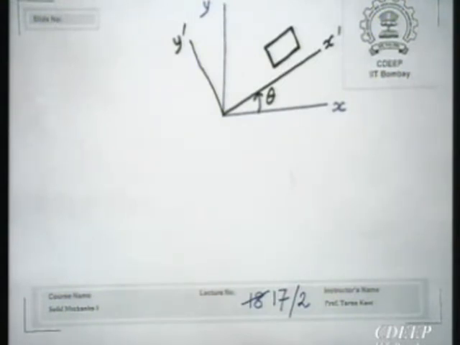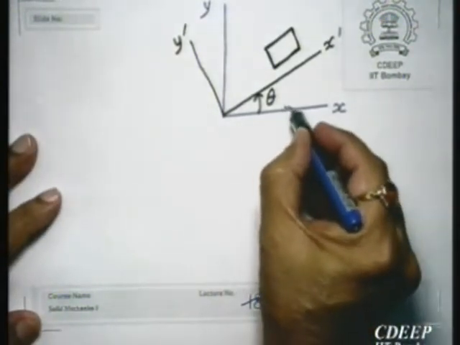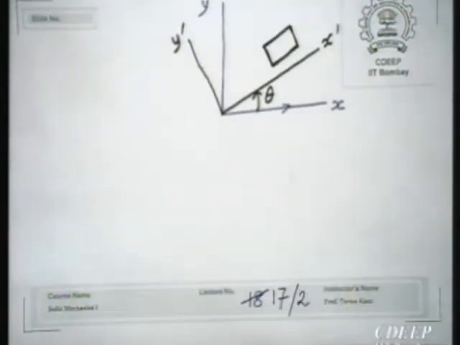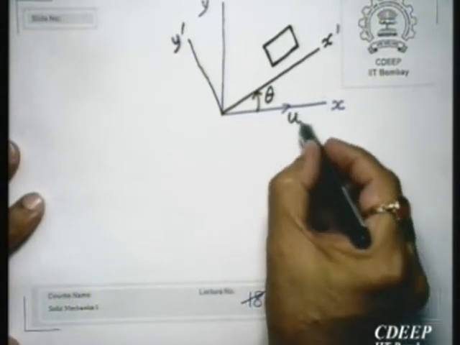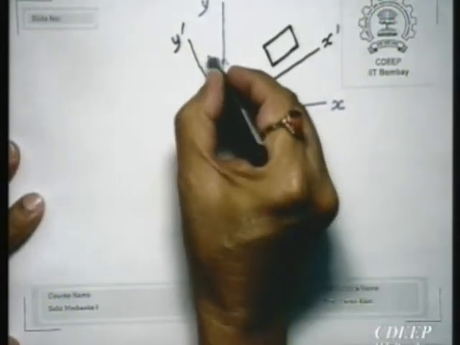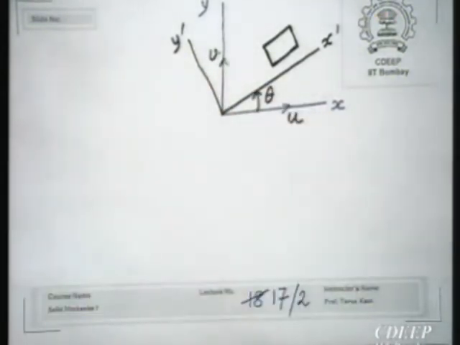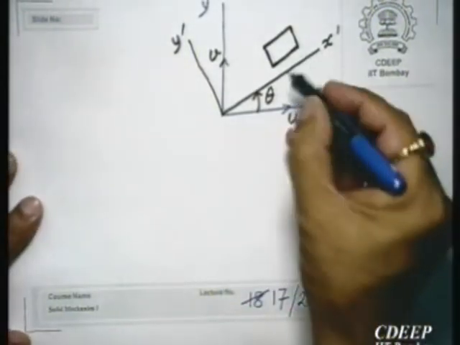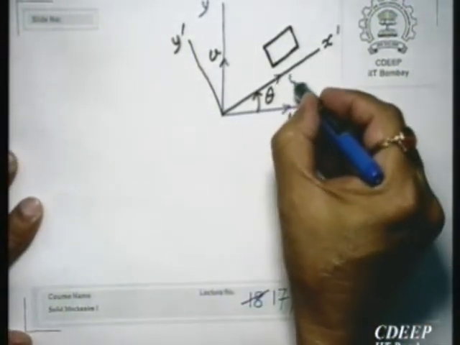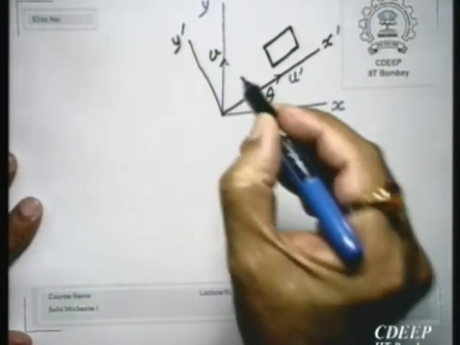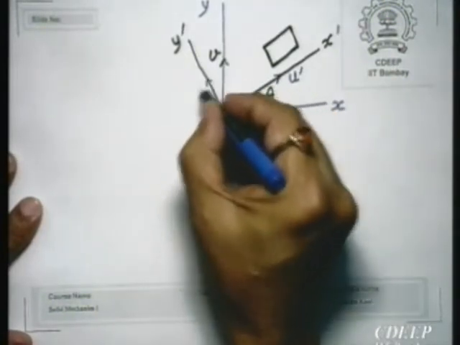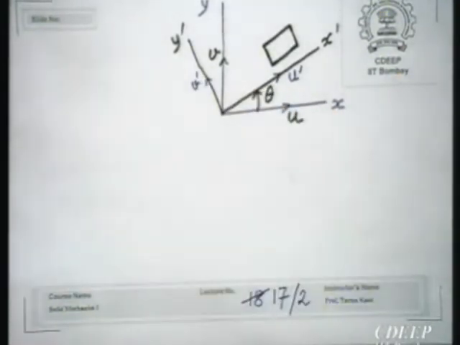Of course, u and v displacements were along x and y. So similarly, let us say the displacements here are u dash and v dash.